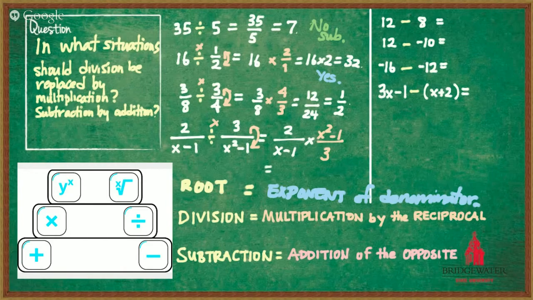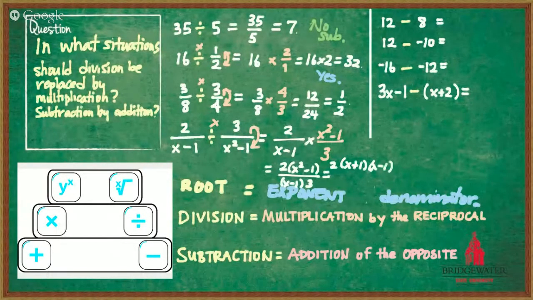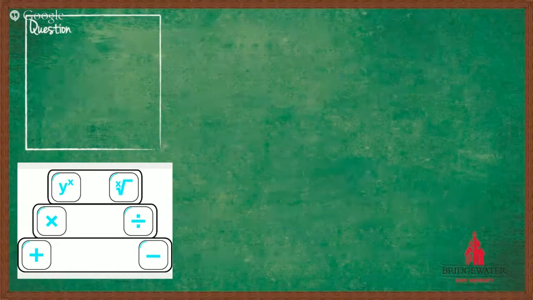That's going to give me 2 times x squared minus 1 divided by x minus 1 quantity times 3, which I can simplify by factoring the numerator. I'm going to clear a little more space for myself here. My numerator is going to be, if I factor it, x plus 1 times x minus 1. And I have that 2 out in the front. My denominator is x minus 1 times 3.